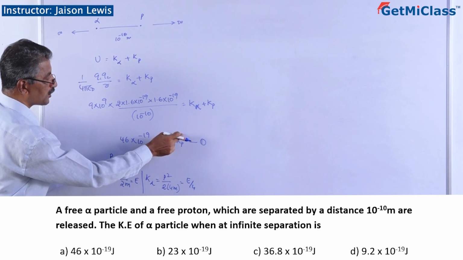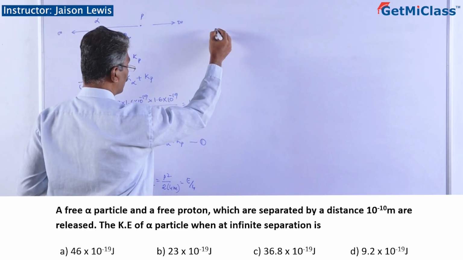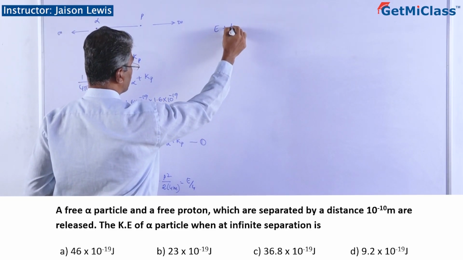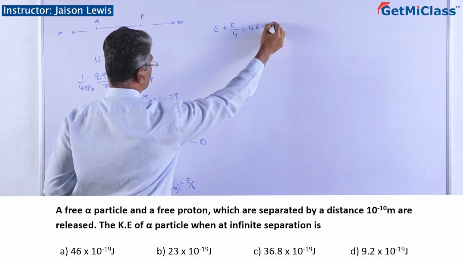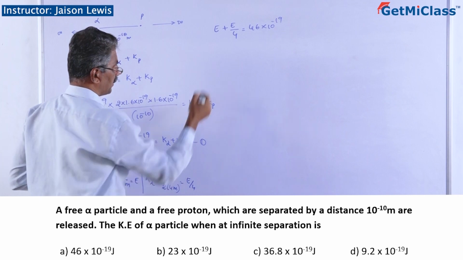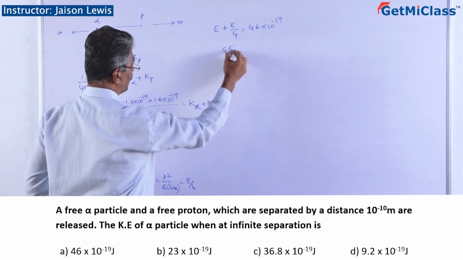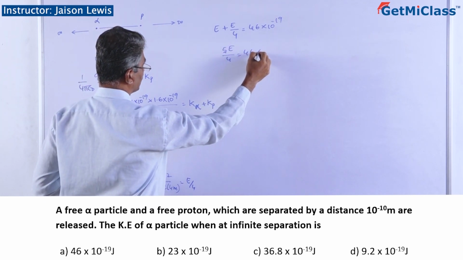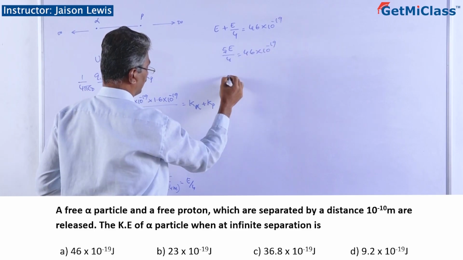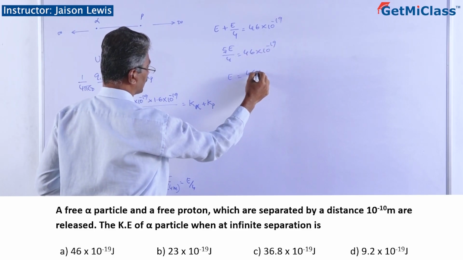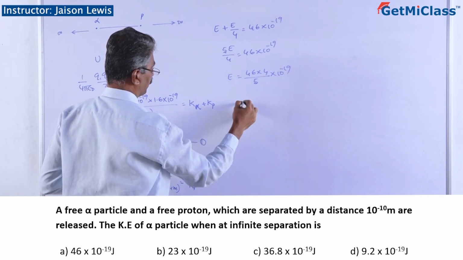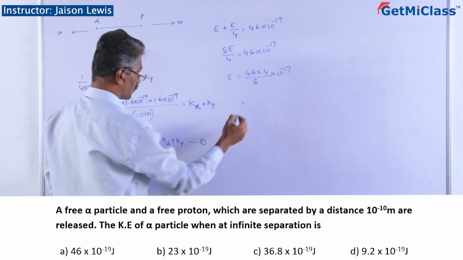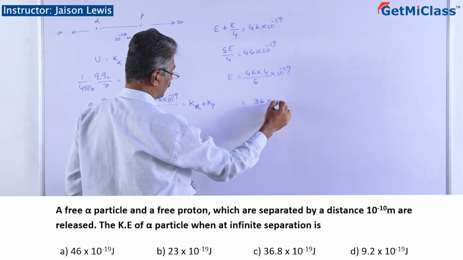Therefore, if I substitute in equation number 1, it is E plus E by 4, equivalent to 46 into 10 power minus 19. If we simplify, 5 into E divided by 4 is equal to 46 into 10 power minus 19. Therefore E is equal to 46 into 4 divided by 5 into 10 power minus 19, so you'll get 36 into 10 power minus 19.